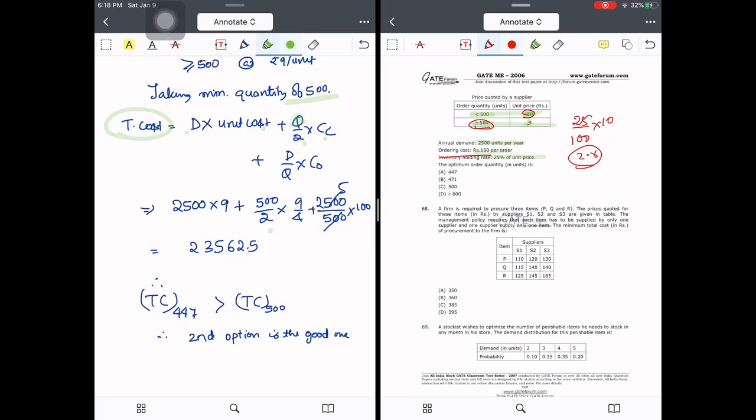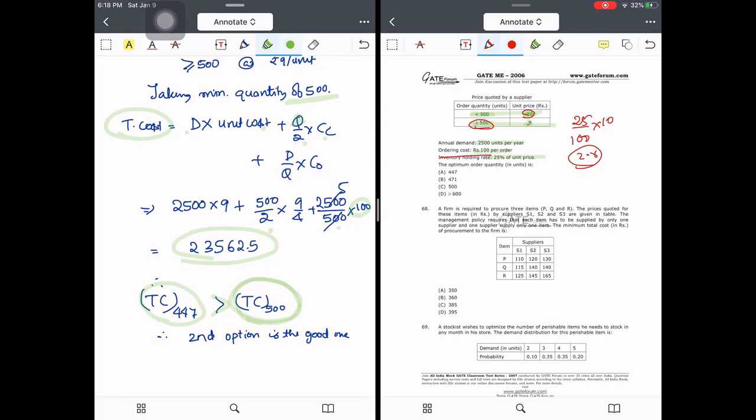So demand is 2500, and the quantity I take is the minimum quantity, 500, divided by 2 into 9 by 4. How do you get 9 by 4? It is 9 multiplied by 25%, that is 1 by 4. So 9 by 4, plus 2500 divided by 500 into ordering cost. I am getting 23,562.